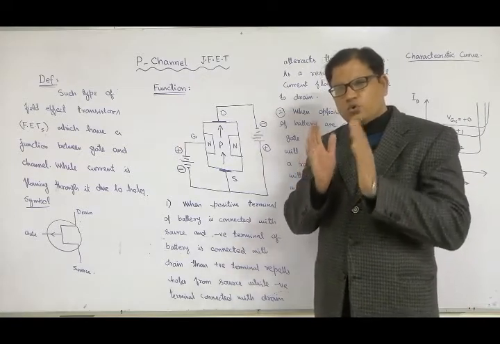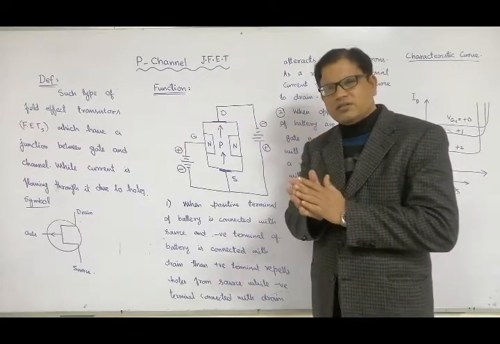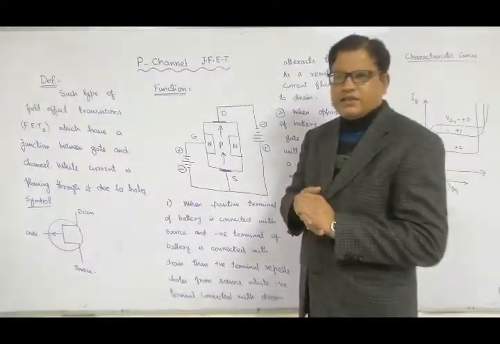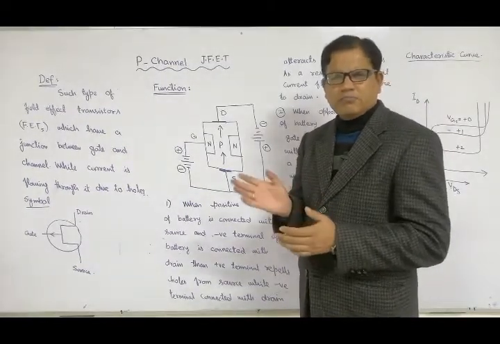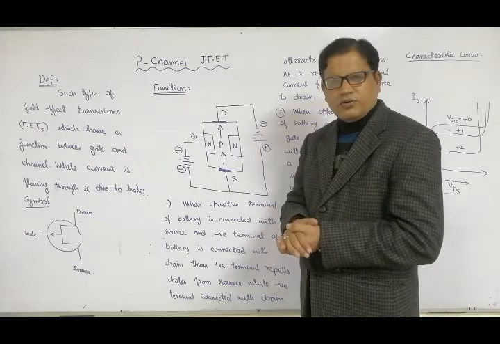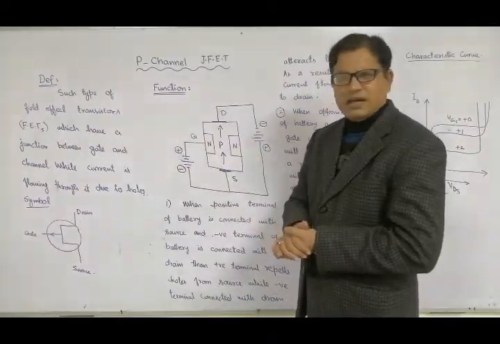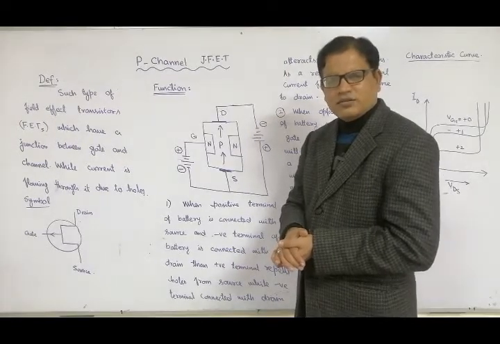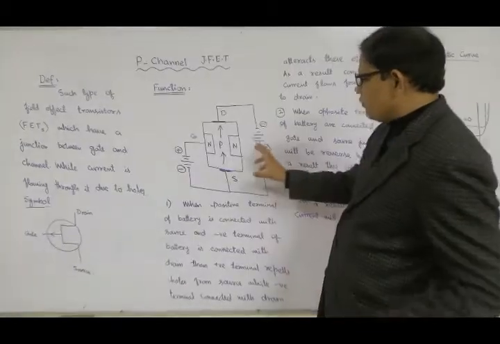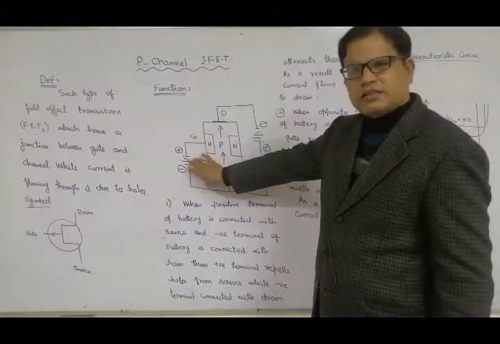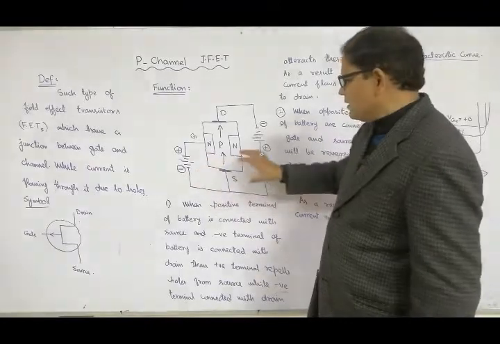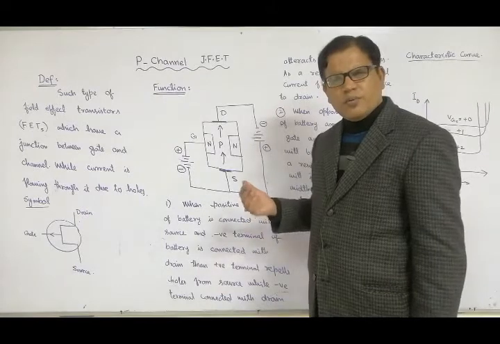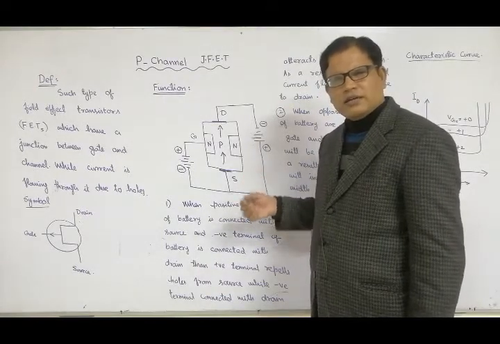If I make a comparison with the common emitter transistor, what I find is that if we discuss PNP transistors and P-channel FET working, there is not a single difference of connection or biasing. Right now we are forward biasing this part and reverse biasing this part, and in PNP transistors we also forward bias the emitter and reverse bias the collector.